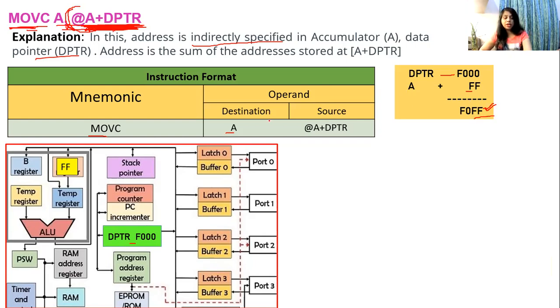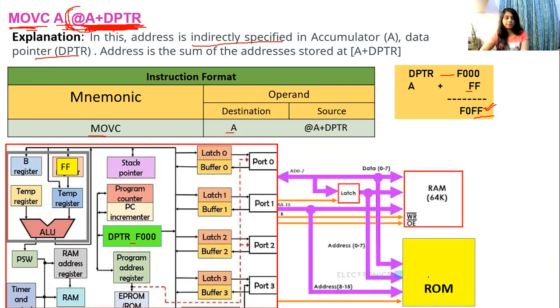Now let's assume that ROM is connected to this 8051 microcontroller. It is interfaced with the 8051 microcontroller. ROM consists of various memory locations, and every memory location has its own 16-bit address. There will be one memory location whose address is F0FF. Now 25 is the data available in this memory location.